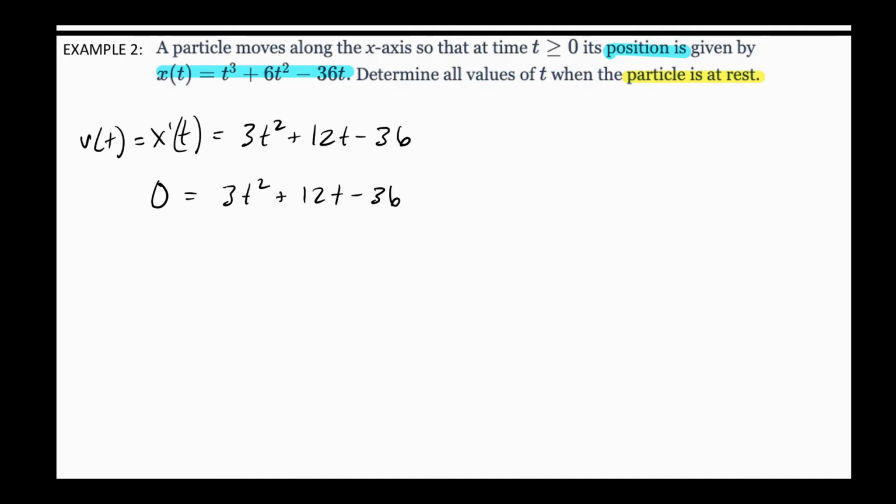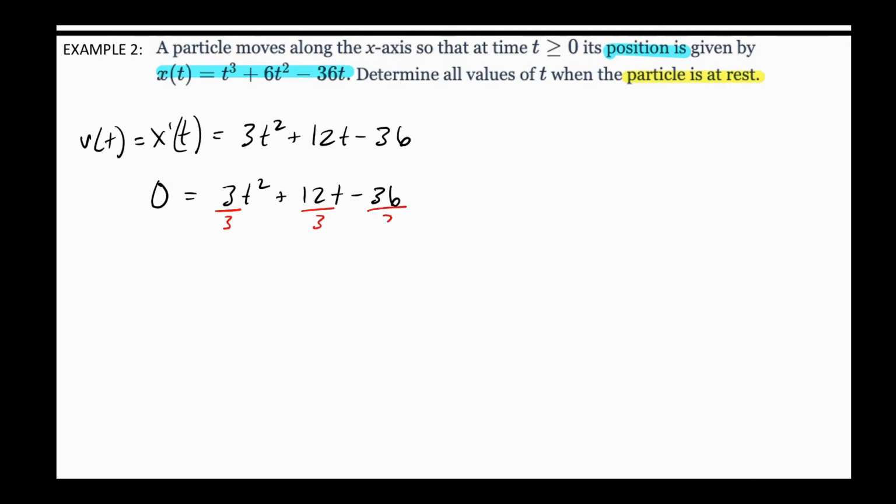Well, that's a trinomial. It's got 3 terms. It's a quadratic. So the easiest way to solve it is by factoring. Okay, so let's see if we can factor this guy. Well, you can divide them all by 3. I see they can all be divided by 3.